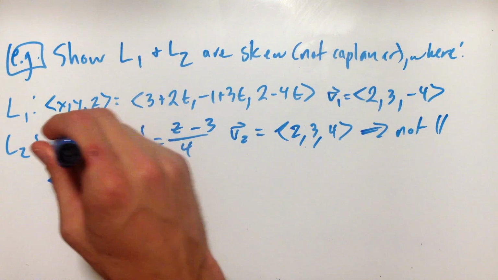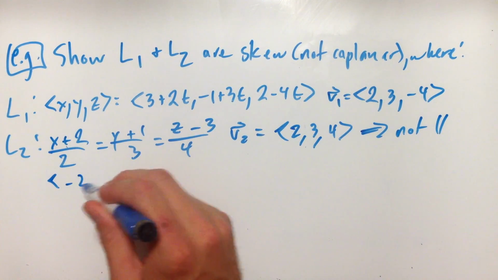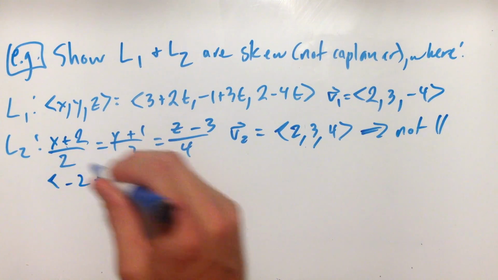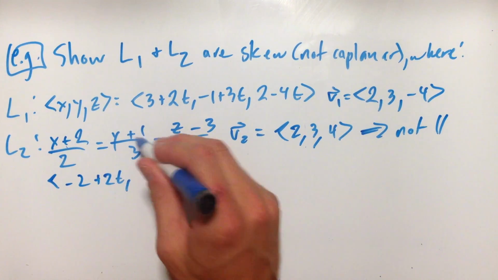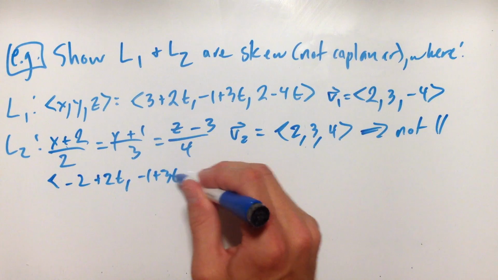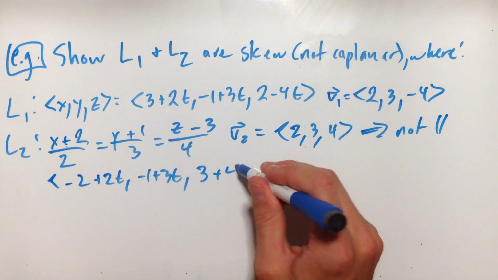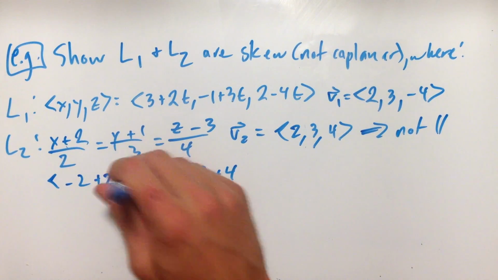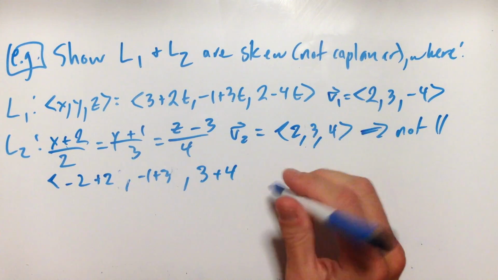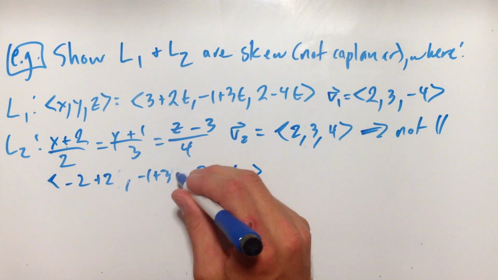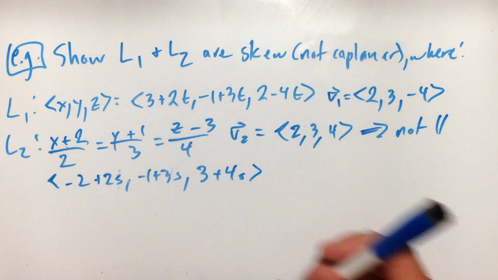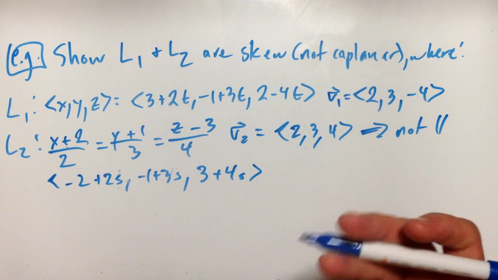So here, this is x minus x0, so I could put negative 2 plus 2t, negative 1 plus 3t, and 3 plus 4t. In fact, I'm going to introduce a different variable because s and t don't have to be equal to each other.